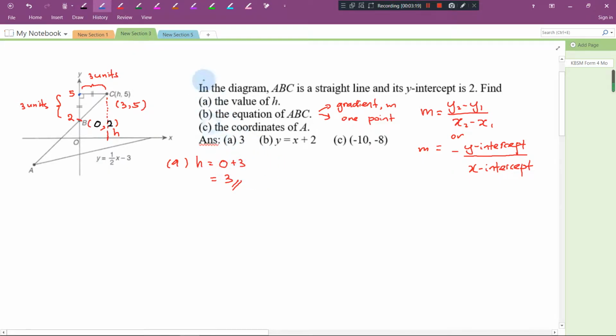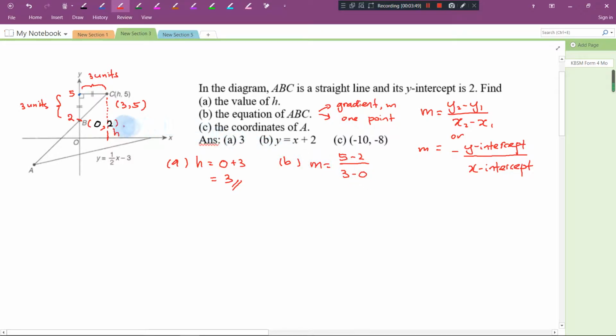Gradient, okay, this is part B. Gradient: y2 minus y1, 5 minus 2. Here you can use 2 minus 5 or 5 minus 2, it's up to you. But if you use 5 minus 2 for the y part, then for the x part, you have to follow the sequence, 3 minus 0.